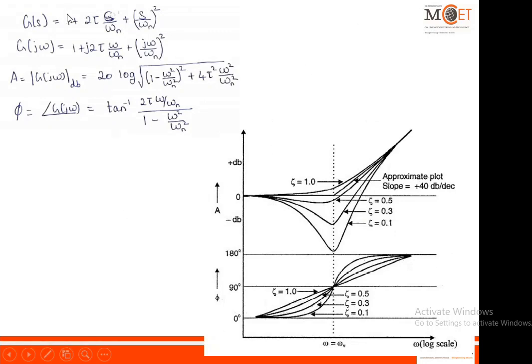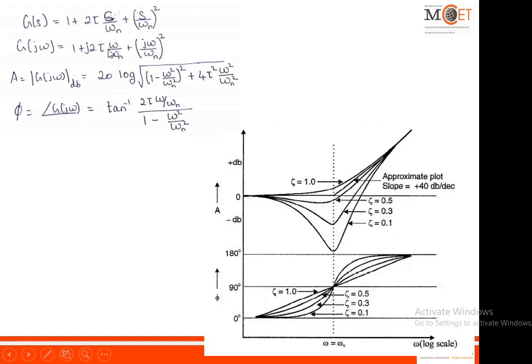So this is another function where the quadratic function is in the numerator. You have the natural frequency, the damping ratio, and s. Instead of s, you have to substitute j omega. These two form the real part, and this one forms the imaginary part.